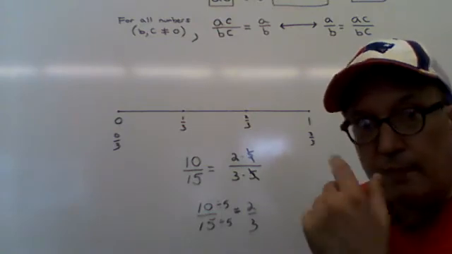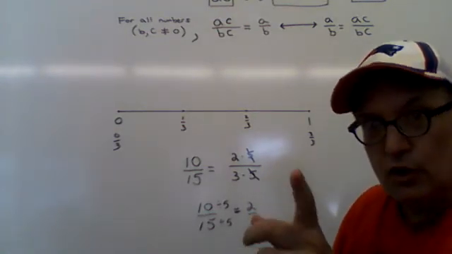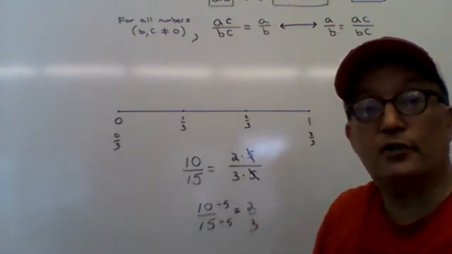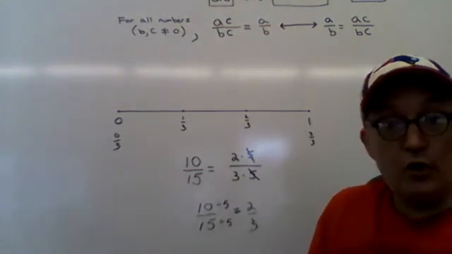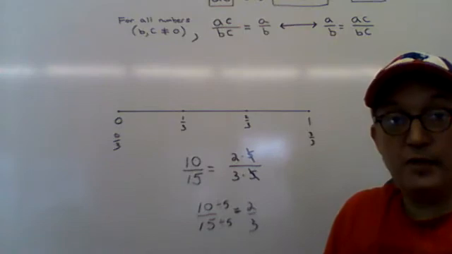All right, ladies and gentlemen. How many pieces do you think I'm going to divide each third into? You should be able to answer that. I'm trying to demonstrate now for you why 10/15 is equal to 2/3. How many pieces am I going to divide each of those thirds into, equally sized pieces?